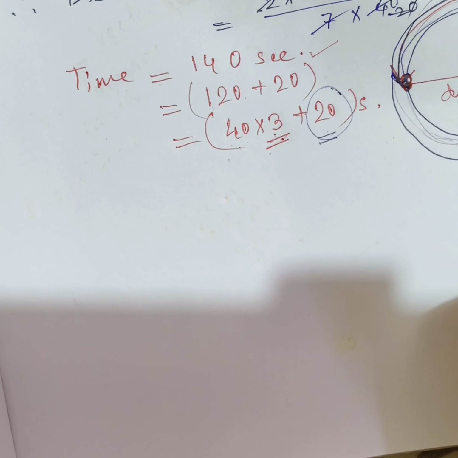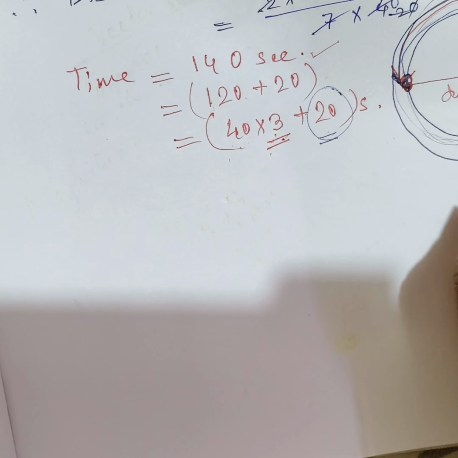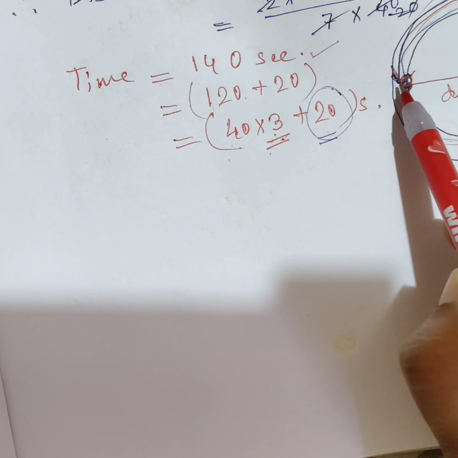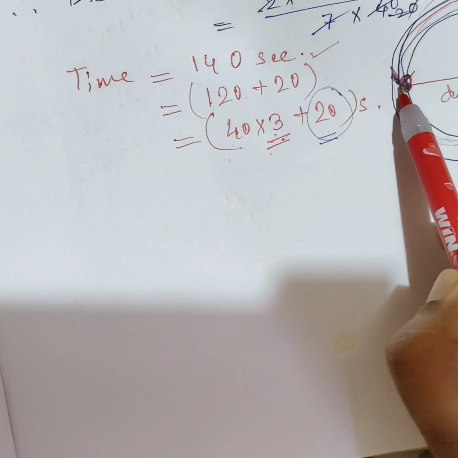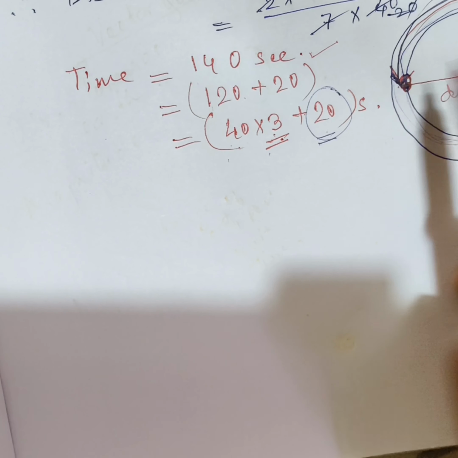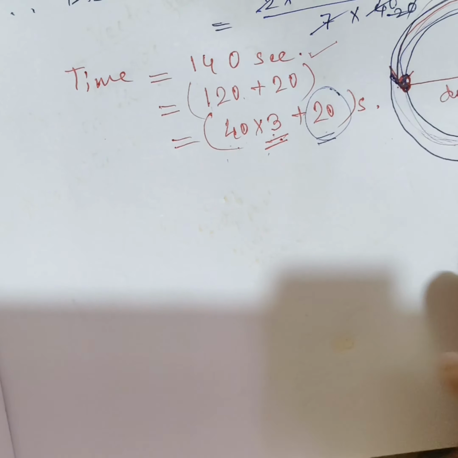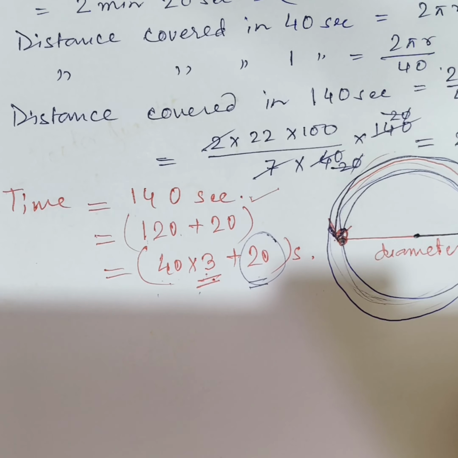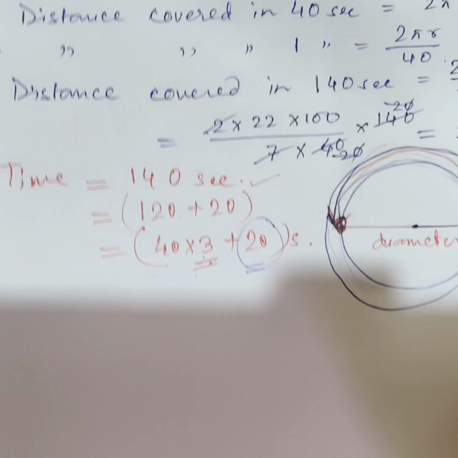But after the 3 rounds, in the next 20 seconds he reached here, which means this is the initial and this is the final position. Whatever may be the distance covered, his distance covered was 2200 meters.